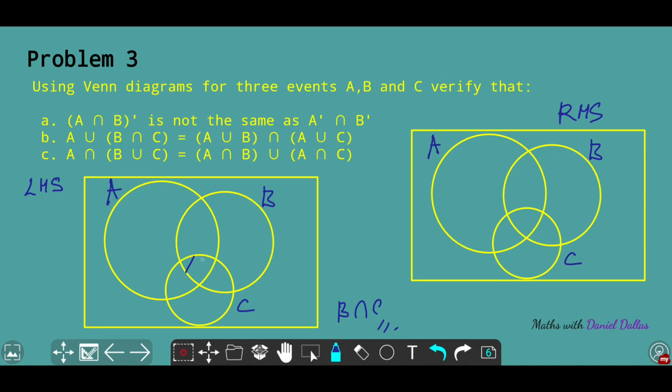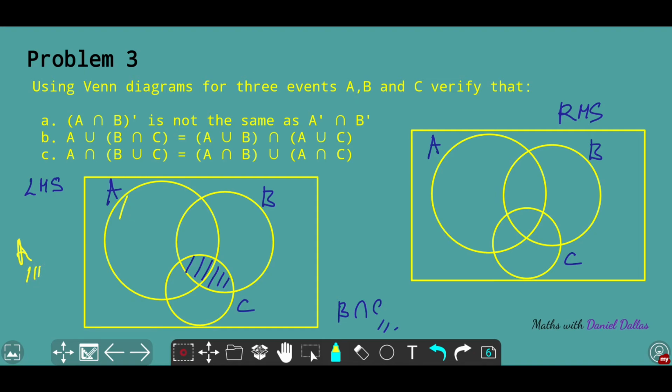So only common for B and C only, not for A. However, it takes a bit of the region of A. So for union with A, just only for A, I'm going to use this type of shading.